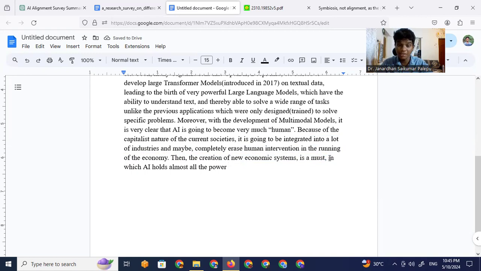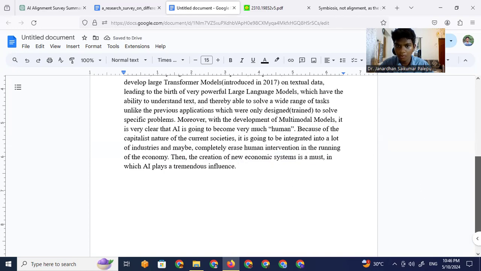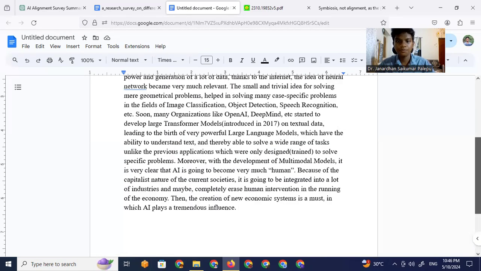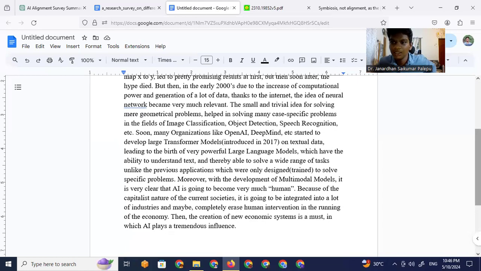AI plays a huge, tremendous influence. That is what we have written until now.